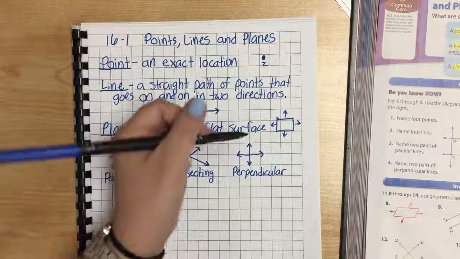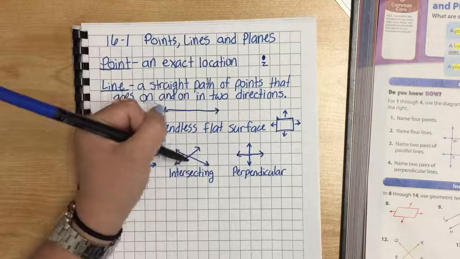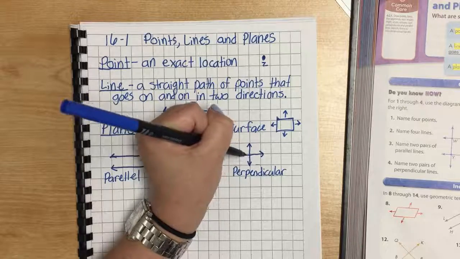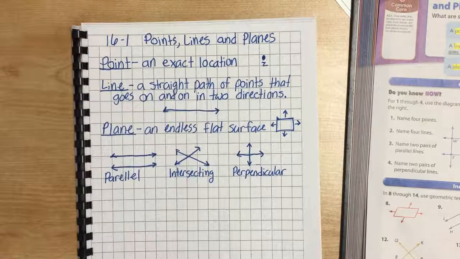The reason that they are different from intersecting lines is that they form squares. They have right angles when they are together. So perpendicular lines are intersecting lines, but intersecting lines are not perpendicular lines.